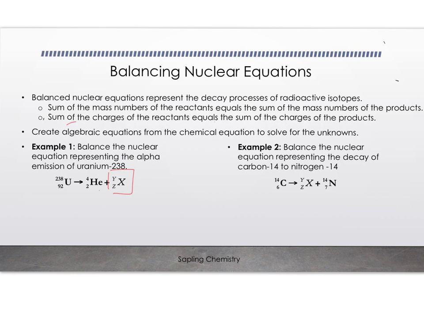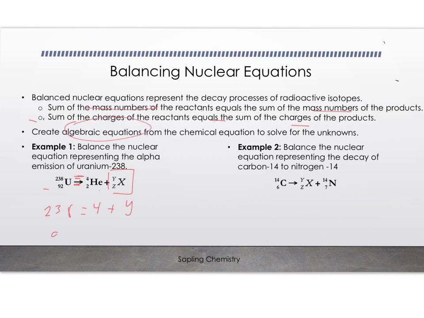Setting up my algebraic equations, the first rule says that the sum of the mass numbers on the reactant side has to equal the mass numbers of the product side. Every time you see this yield arrow, you identify it as an equal sign. So the top mass numbers, 238, equal 4 plus my Y. Then the bottom equation: the sum of the charges on the reactants equals the sum of the charges on the products.